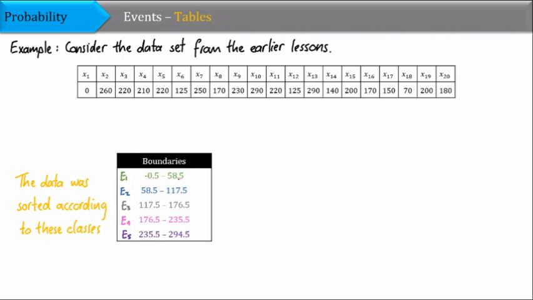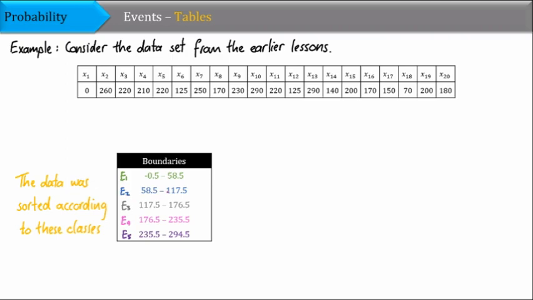Now if I take each of these classes, and instead of writing the boundaries, I write E1, E2 up to E5, then what I've created here are essentially events. This is the event of getting a number in that interval.